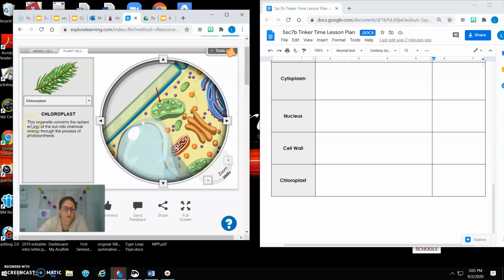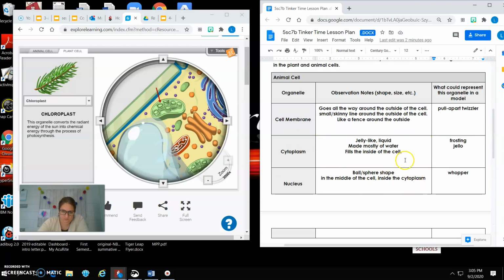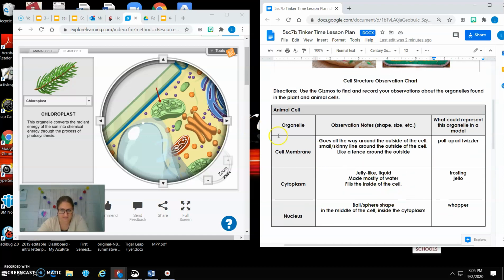It says that the chloroplast is what helps the plant do photosynthesis. So it turns the sunlight into energy for the plant. So I want you to write what it looks like and what you might use on your plant cell model to represent the chloroplast. Alright? And when you are finished filling in these notes, you will submit to your teacher in Google Classroom.